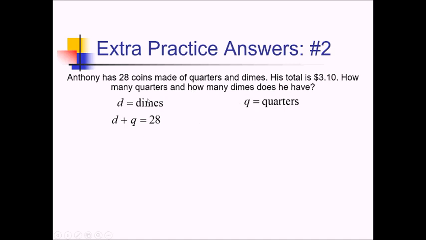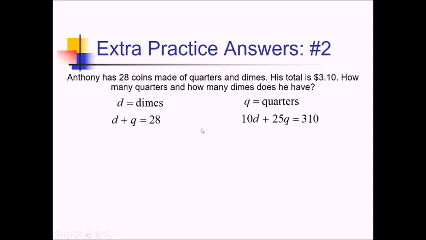So the value of the dimes, that's 10 cents times D, plus the value of all the quarters, that's 25 cents times Q. All that has to add up to $3.10. So I'm going to write 310 just so I have everything in the same units. If I'm doing 10 and 25 here for cents, I need to do cents on the right side as well rather than dollars.